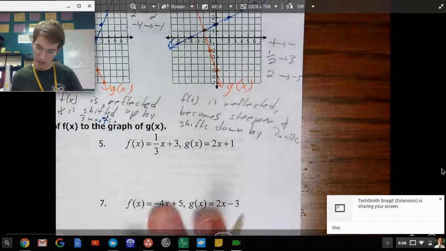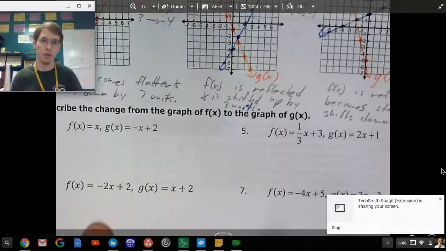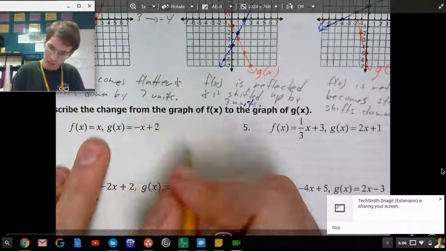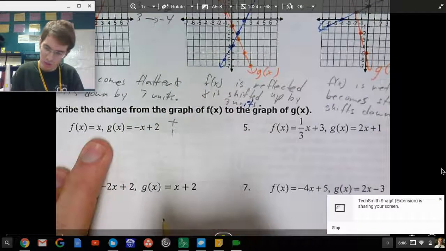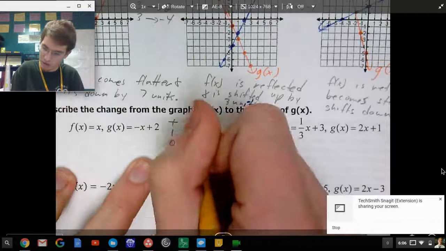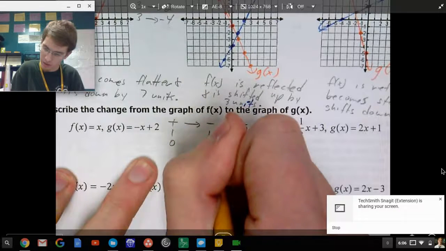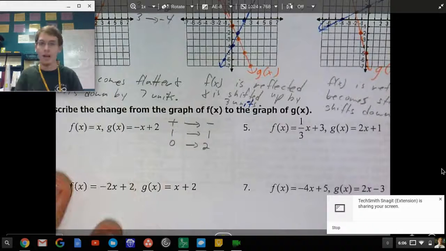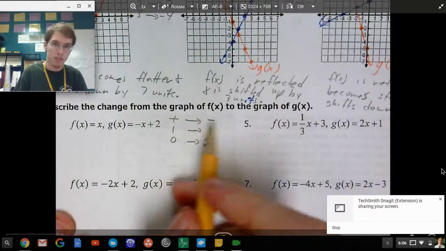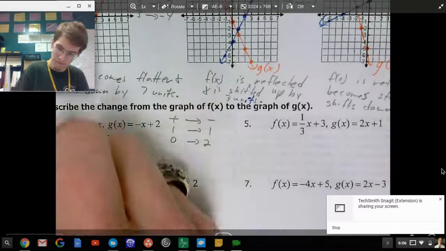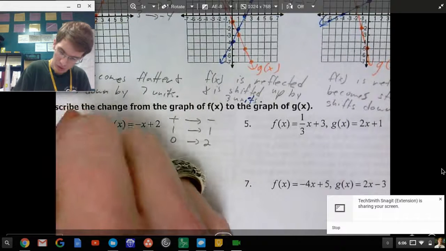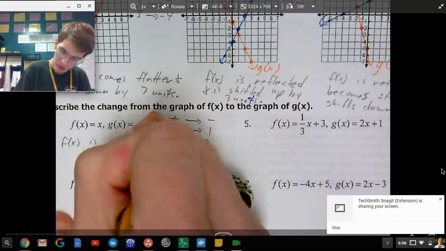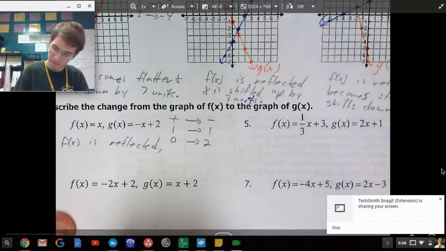All right, let's keep going. Number 4. I'm going to write my chart here. I go from +1 slope, 0 y-intercept, to a -1 slope with a 2 y-intercept. So plus to minus tells us it's reflected. X is reflected.